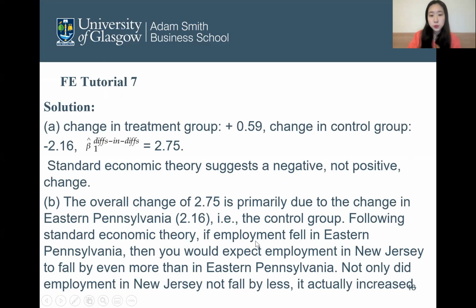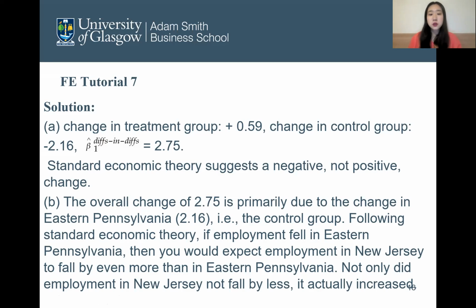It's primarily due to the change in the control group, which is 2.16. You can see clearly the treatment only changed by 0.59, but here it's changed 2.16. Whether it's negative or positive doesn't matter, because it's changed, and the value of the change is 2.16, right? So it's more based on the control group.